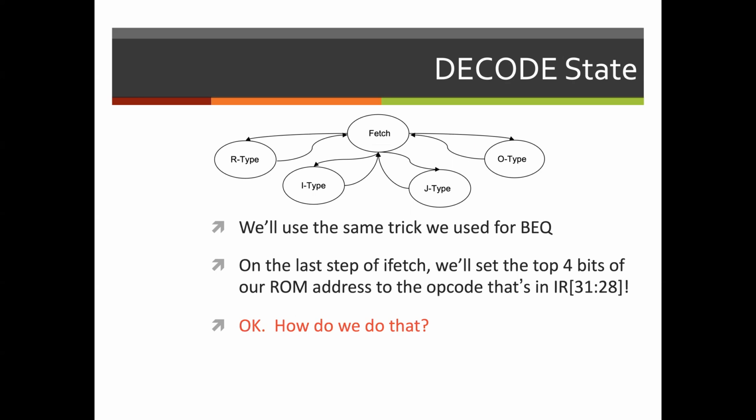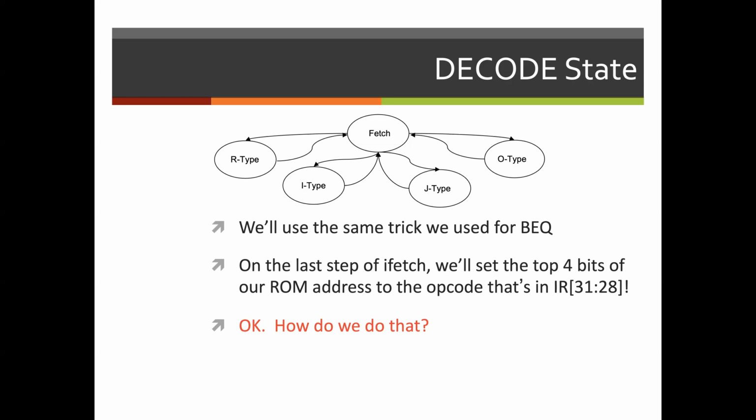In order to accomplish this, we'll use the same approach as we did for the branch if equal. On the last step of IFETCH, we'll set the top 4 bits of our ROM address to the opcode that's in the instruction register.